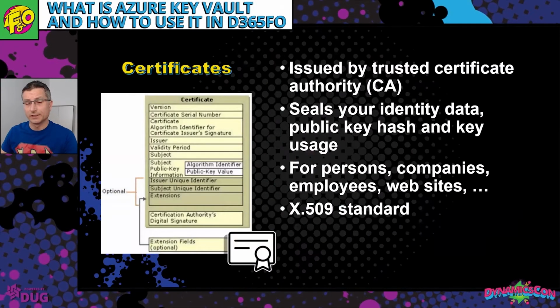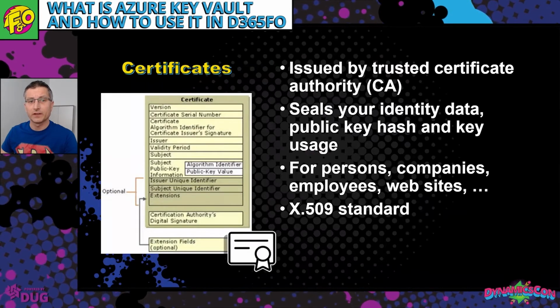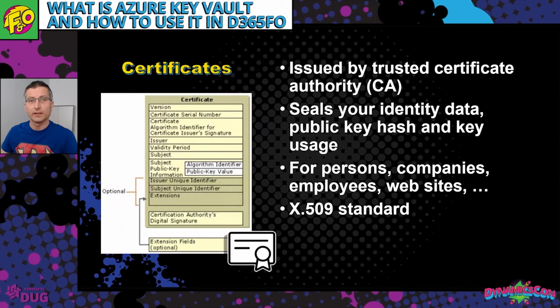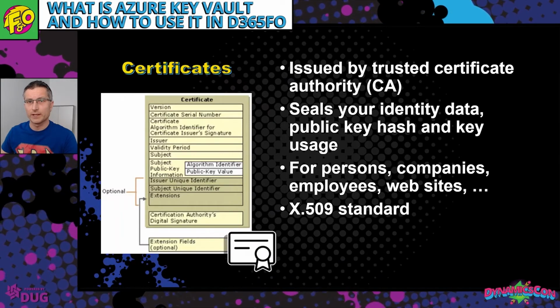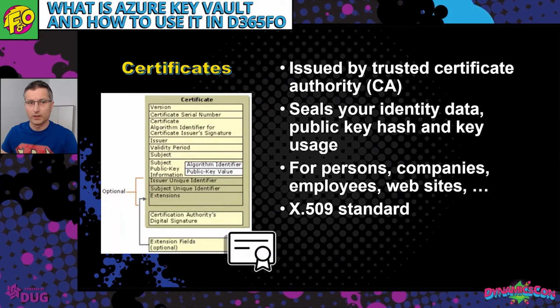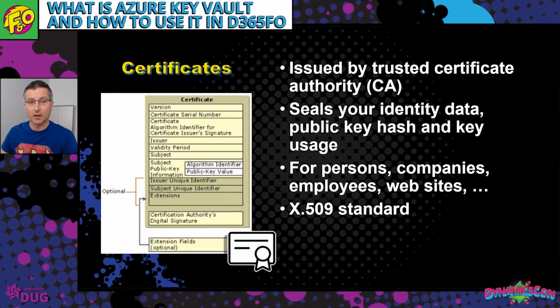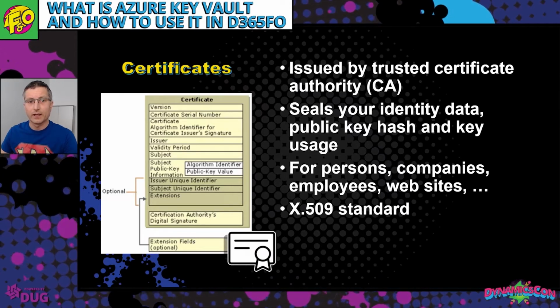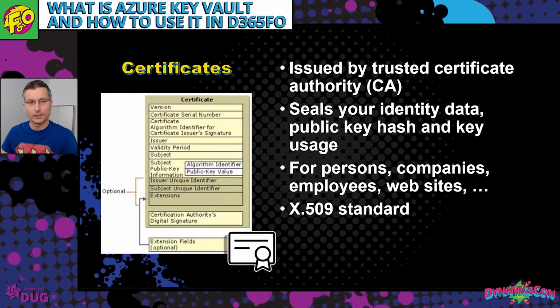So what is a digital certificate? A digital certificate, also known as a public key certificate, is an electronic document proving the identity of a key owner. It contains various data about the owner, a public key digest, intended key usage, and a signature of the certificate authority.